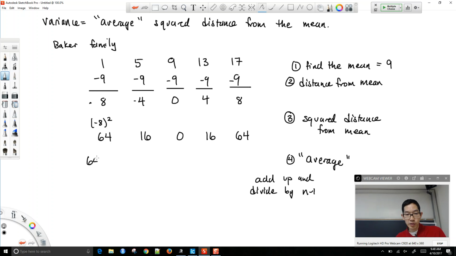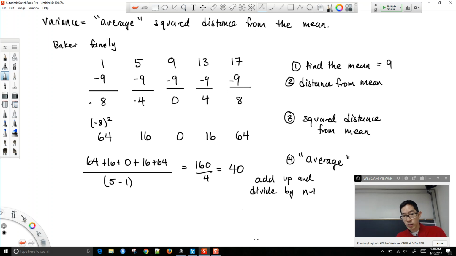So I do 64 plus 16 plus 0 plus 16 plus 64. These add up to 160. I divide by n minus 1. I have 5 values, but I'm going to divide by 4. 160 divided by 4 gives me 40. This is my variance, the quote-unquote average squared distance from the mean.